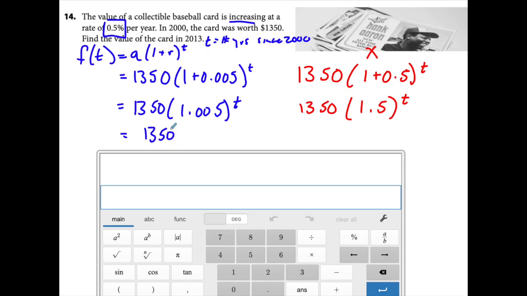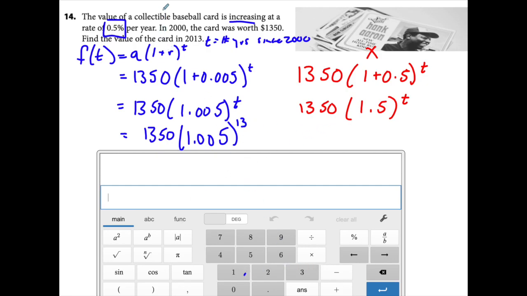In year 1, we've multiplied by 1.005 once. By year 2, we multiplied by it again, and then again. So all we're doing is taking 1350 and multiplying by 1.005 to add that 0.5% 13 times. And when you multiply something over and over by itself 13 times, that's doing to the power of 13.